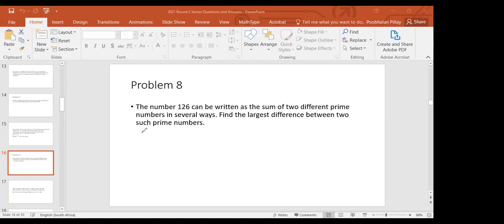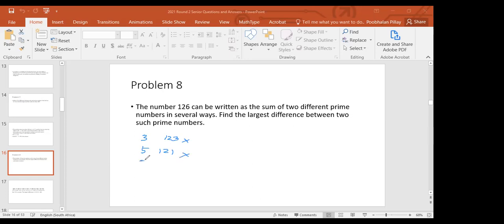So let's start with 3. 3 is a prime. The other number is 123, but this is not a prime number. 123, 3 goes into it exactly. All right, let's get to the next prime number. 121, that's not a prime number, it's 11 times 11.